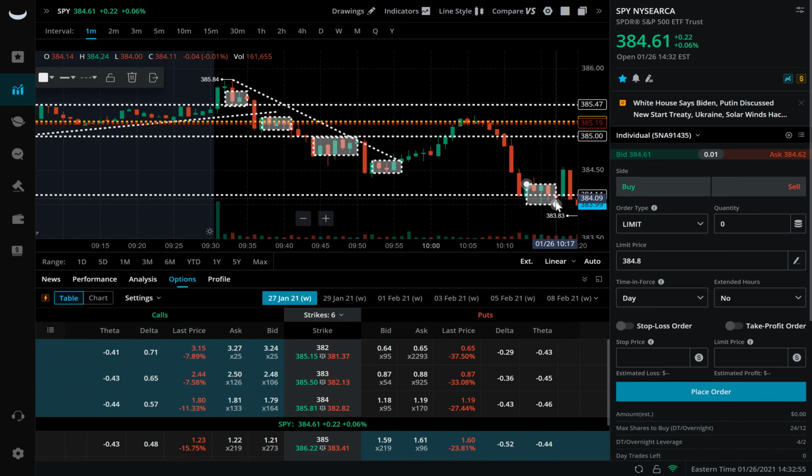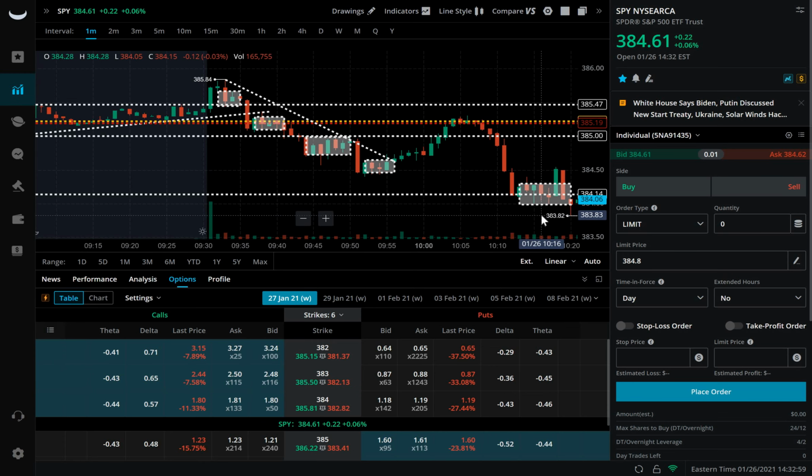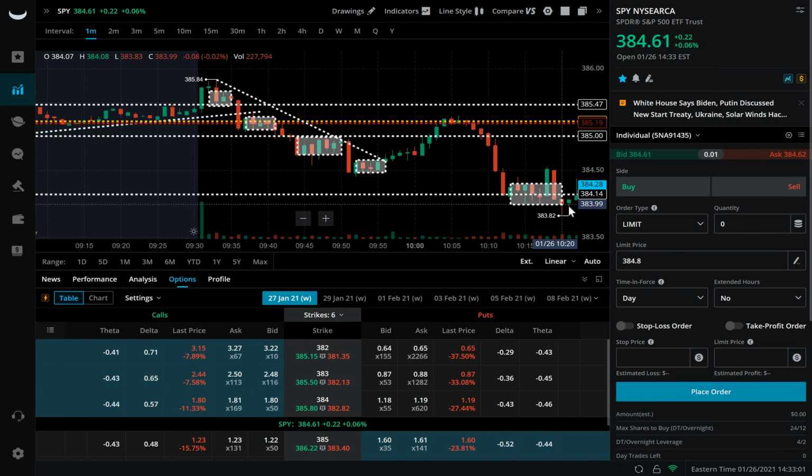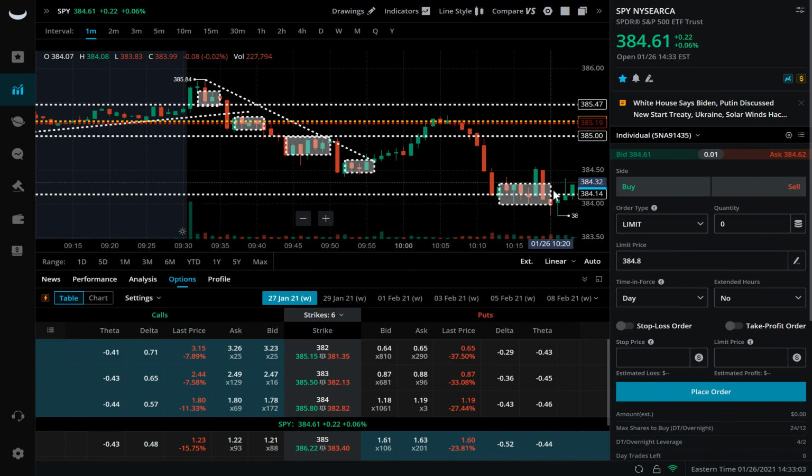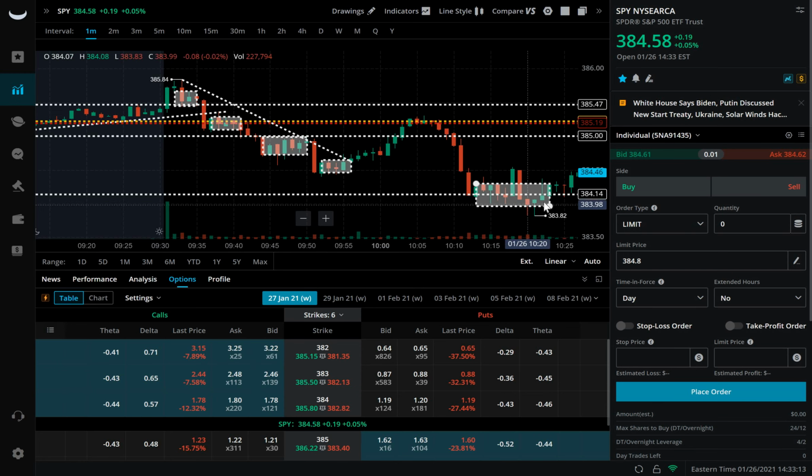I'll extend that so you can see. Comes right back in, and then we get more consolidation. Excuse me, guys. We get more consolidation. More consolidation.